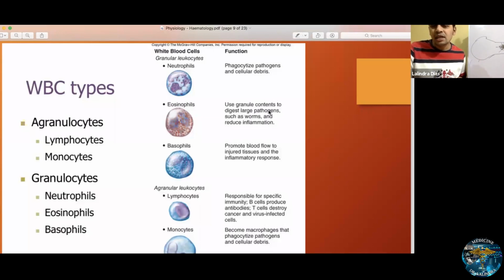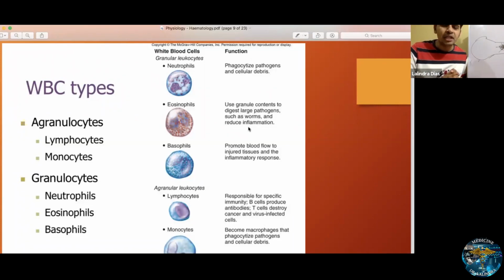Here you can see that they use granule contents to digest large pathogens such as worms and reduce inflammation. Okay, so eosinophils, their main role is in the inflammatory response.